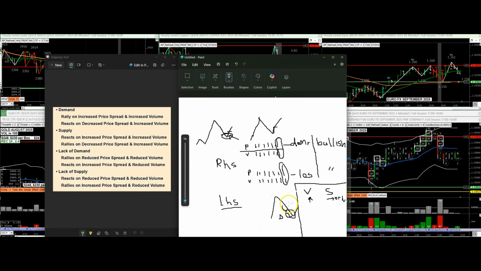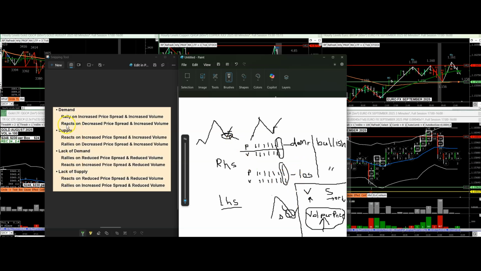Basically, it would mean that volume per price is increasing. That means on the pullbacks, volume per price is increasing.